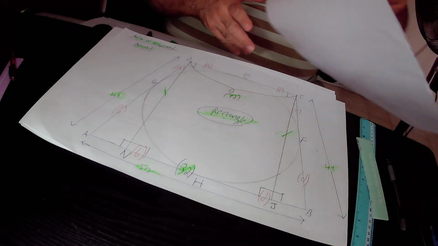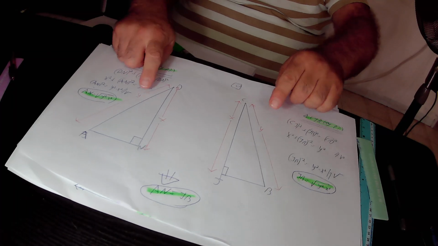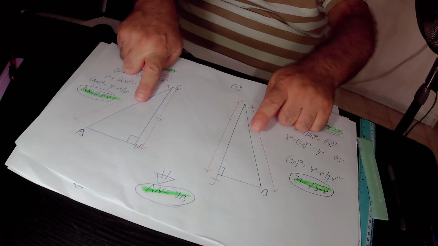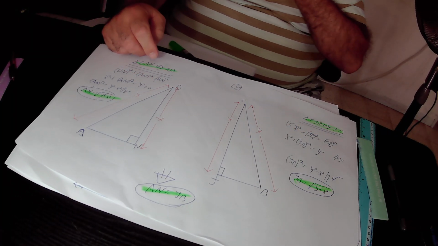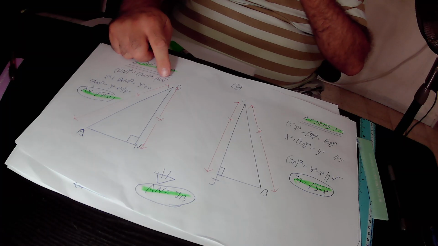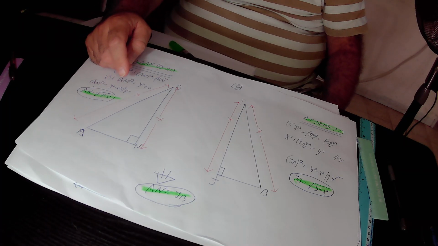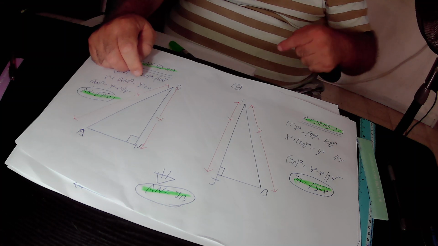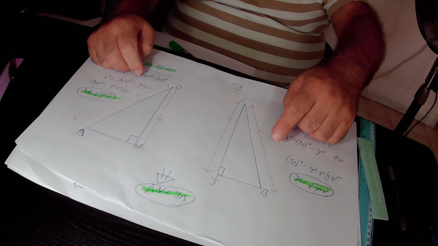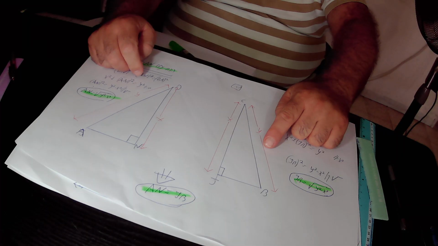So actually, those are the two right triangles coming from the original drawing. The hypotenuse DA equals 41 units in its length. It is equal to CB, which is also 41 units in its length.